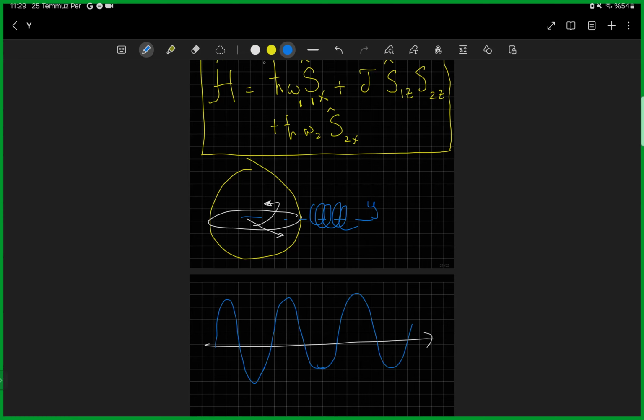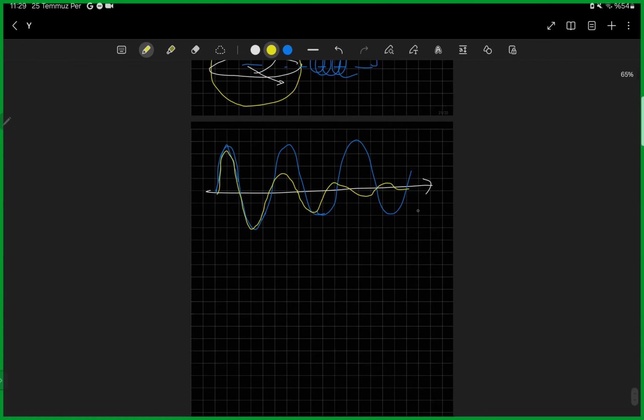In reality, your voltage is going to decay with time due to decoherence. If you take this time-dependent voltage and plot it in Fourier space, you will get a peak at a particular frequency, f0, which is omega over 2 pi, the precession frequency. So you get spectra from the system at different frequencies.